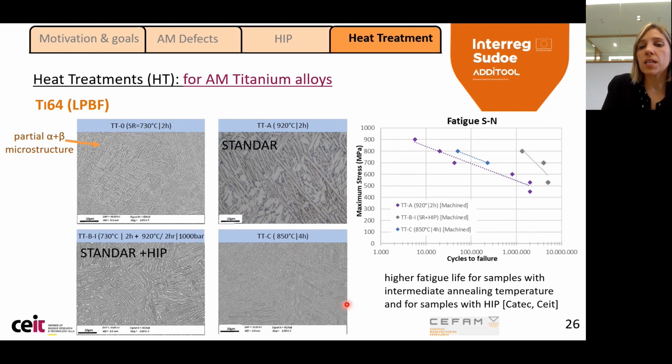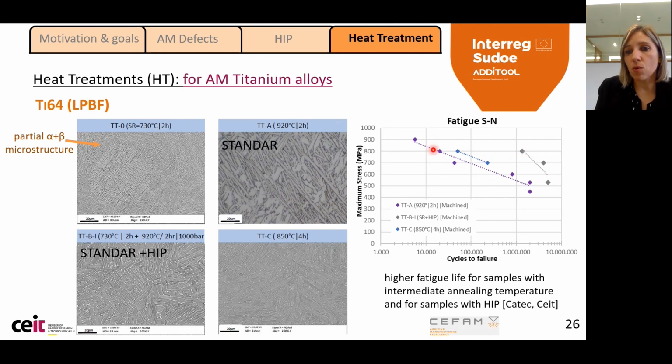When looking at the properties, in this case fatigue properties, we observe that between the standard without HIP and the standard with HIP, the best option, the one that has a higher life, is the one with HIP.